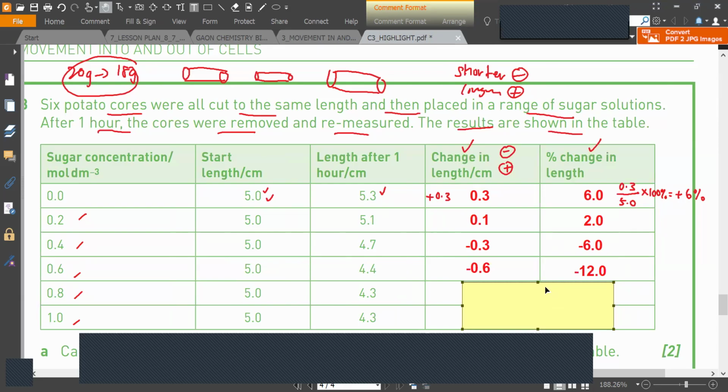Yes, okay. 0.8 and 1.0 are the same. Minus 0.7 and minus 14. Okay, excellent. Perfect, perfect.